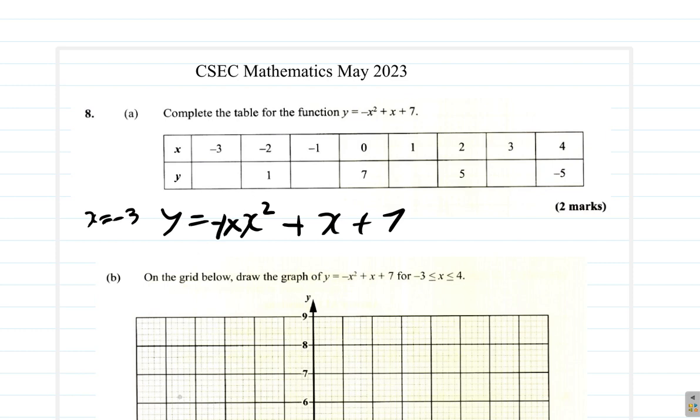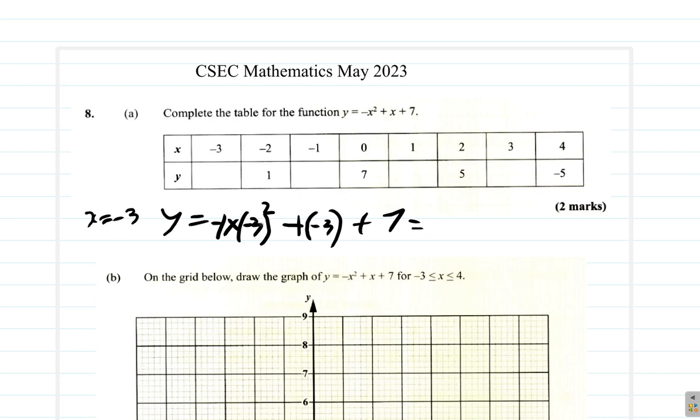Now, x is negative 3. So it's negative 1 multiplied by negative 3 squared plus x, which means plus negative 3 plus 7 equals.